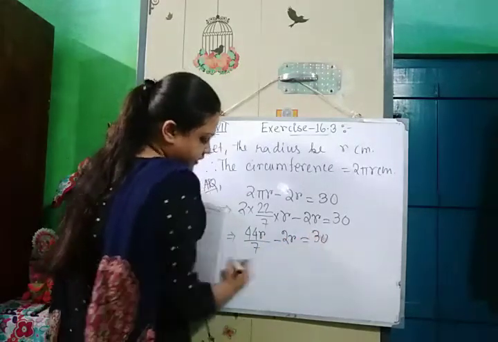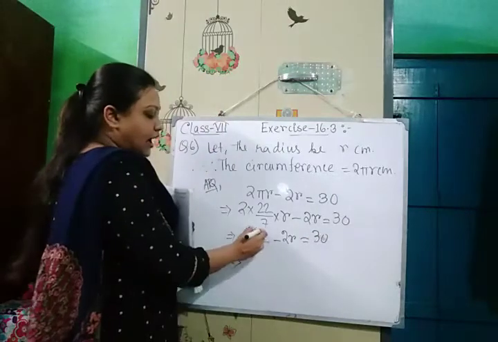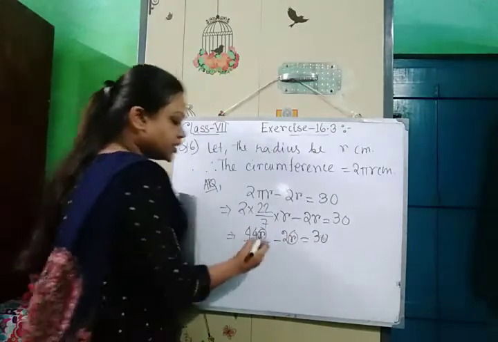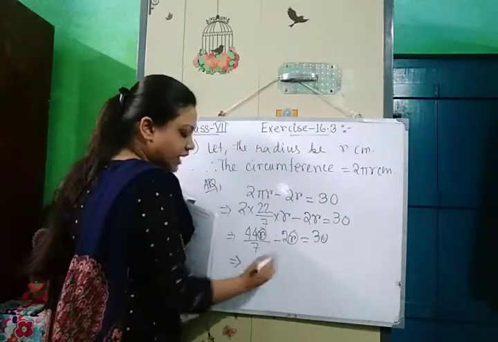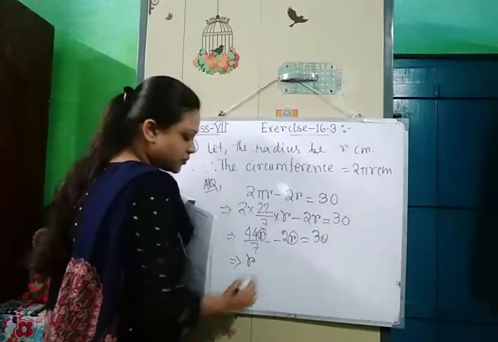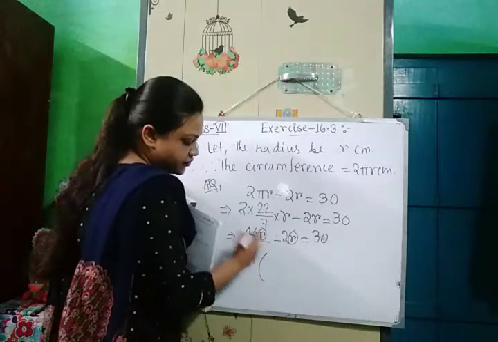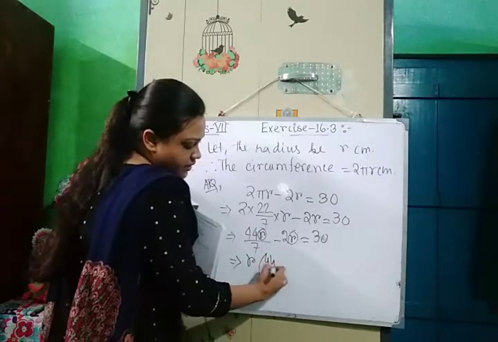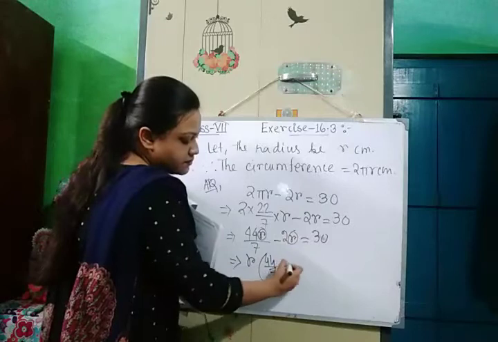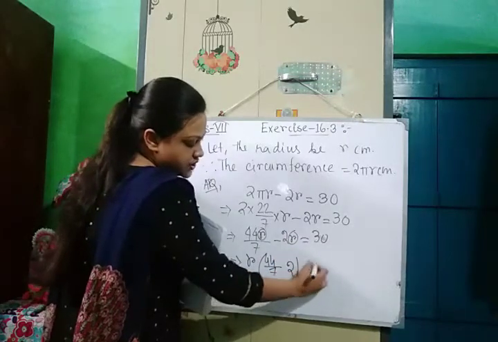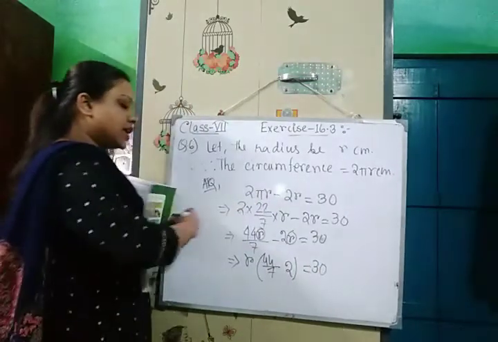equals to 30. Now we are going to take r as common. What is common? r is common in both the terms. So we are taking r common. So in the bracket, in the first term it will be 44 by 7, and in the second term there will be 2. So is equals to 30. Okay.